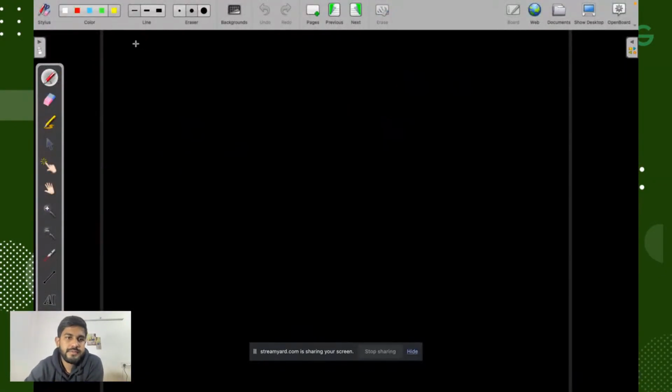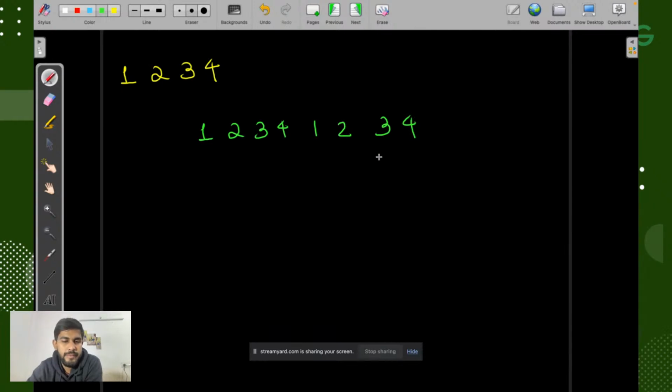Suppose we have 1 2 3 4. It can be the scenario that either we have 1 2 3 4, and then again 1 2 3 4. Or it can be like this: 1 2 3 4, and then 1 2 3.